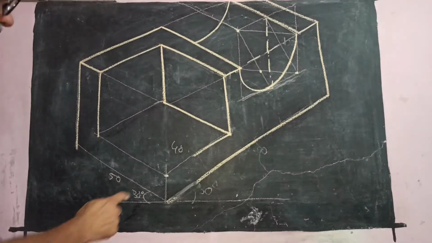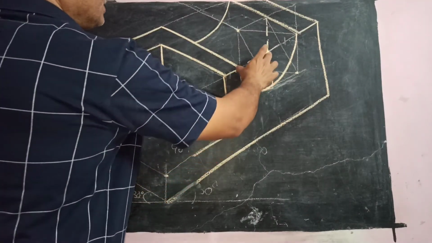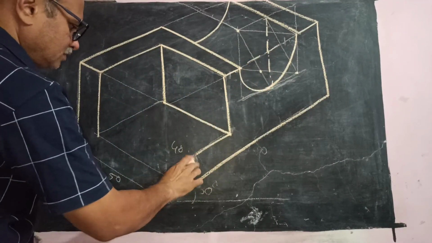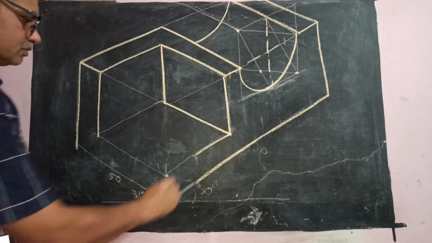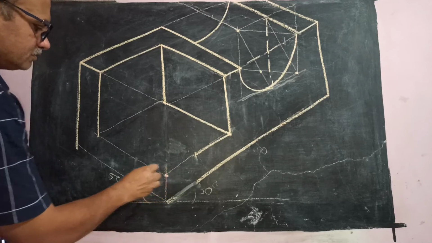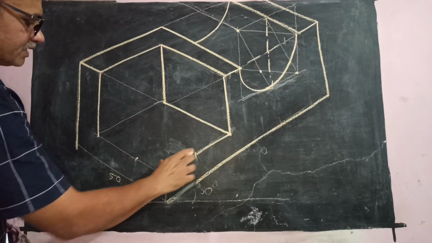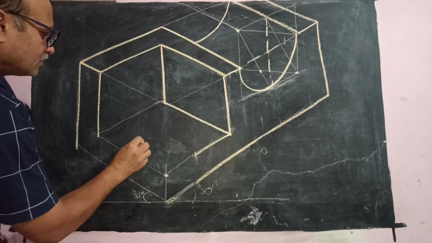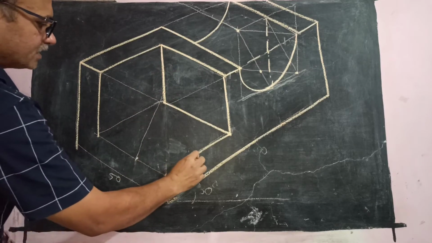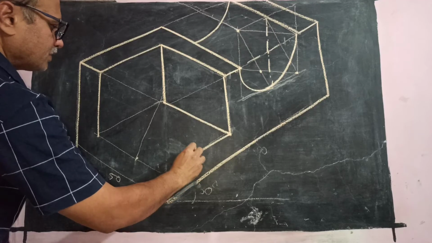So from this corner 20, these 2 points, from this point you can get 20 and 20. At this point to this line draw a perpendicular. At this point to this line also draw a perpendicular.